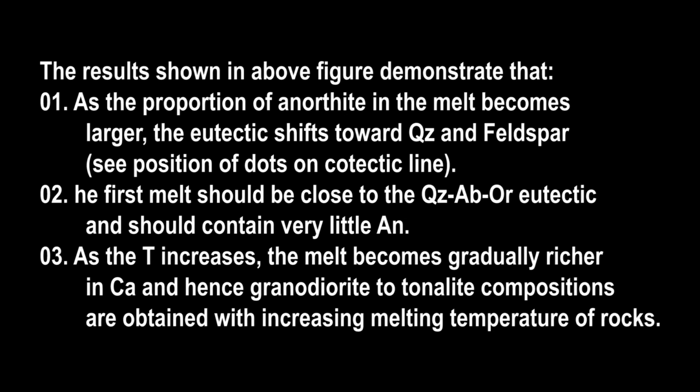Second, the first melt should be close to the quartz albite orthoclase eutectic and should contain very little anorthite. Third, as the temperature increases, the melt becomes gradually richer in calcium, and hence granodiorite to tonalite compositions are obtained with increasing melting temperature of rocks.